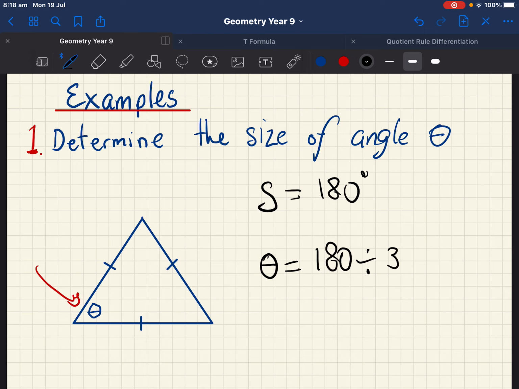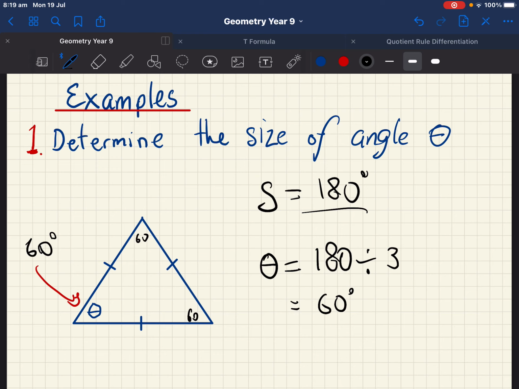We're splitting that angle sum between the 3 different angles, and you end up getting the size of that angle. It's 60 degrees, and funnily enough, because it's regular, all the angles will be 60 degrees. And here you can see 60 plus 60 plus 60 gives you the 180 degree angle sum. But this is a process we do to determine the size of any regular polygon.